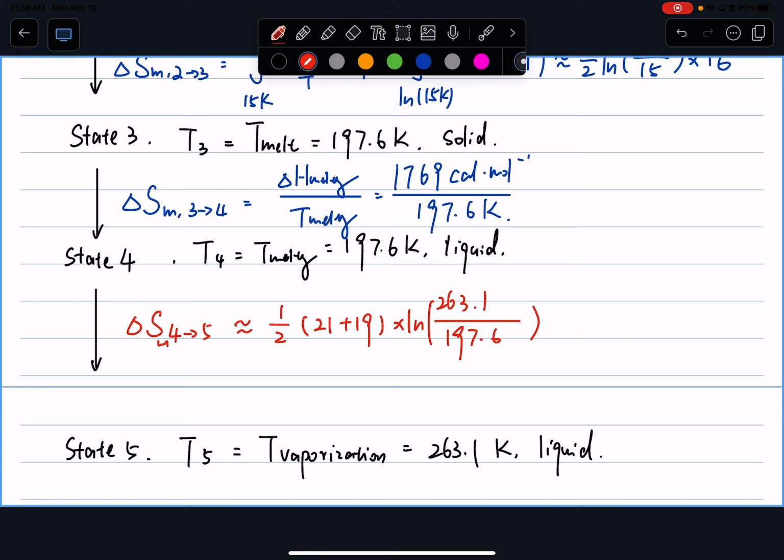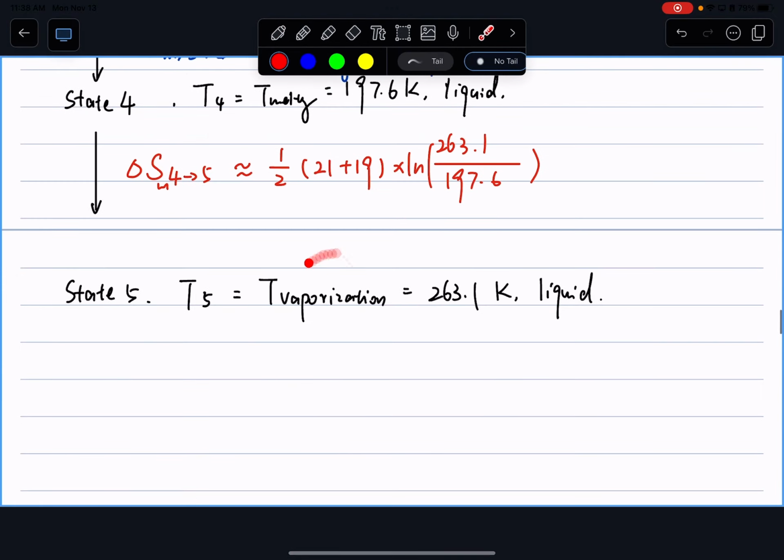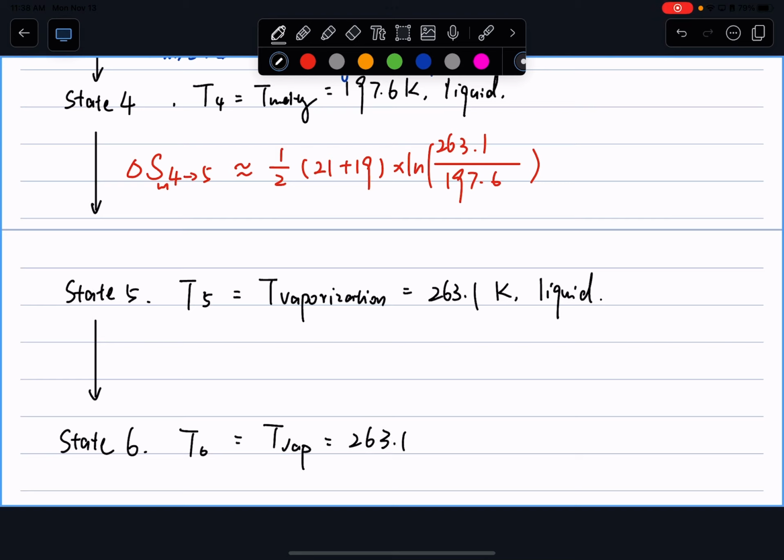And what's next? Now we're at the vaporization temperature. We have a liquid. We want it to vaporize into gas phase. So I'll do the same again to vaporize it into state 6. So your T6 equals T vaporization. That remains the same. But we have gas phase. And in this case, we are talking about real gas in the reaction.